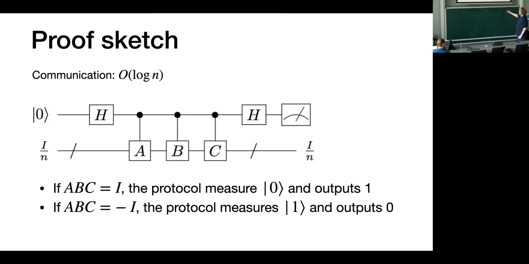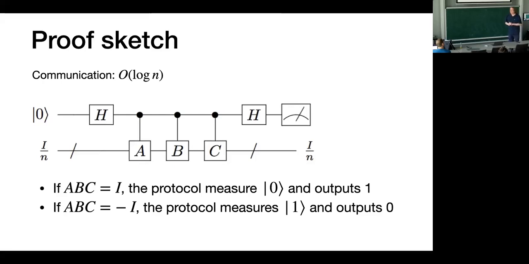Bob then uses the clean qubit, which isn't really clean anymore but is still the same qubit, to control application of B. He sends the log n plus 1 qubits over to Charlie, who controls and applies C. And then Charlie can Hadamard the first qubit and measure it. Now, what happens?